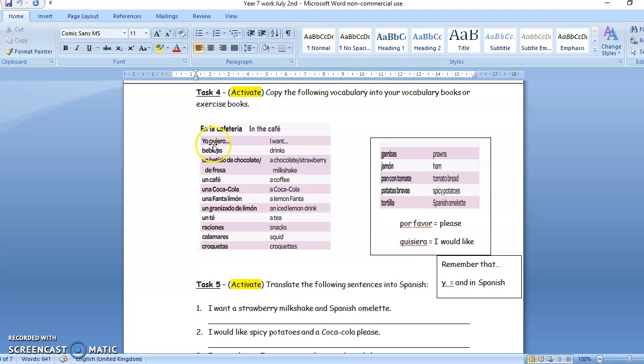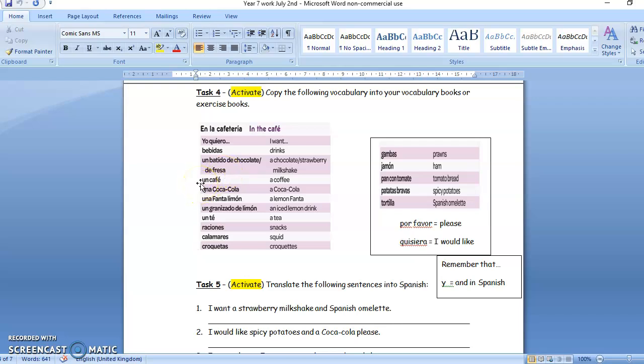Yo quiero. Bebidas. Un batido de chocolate. Or you could say un batido de, a milkshake of, fresa. So that's strawberry. Un batido de fresa. Un café.